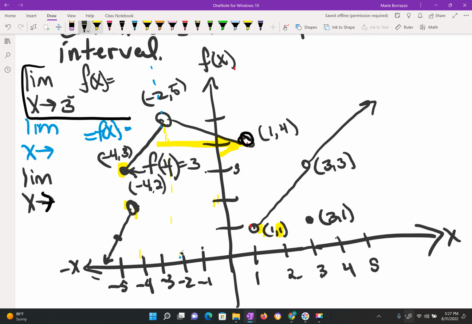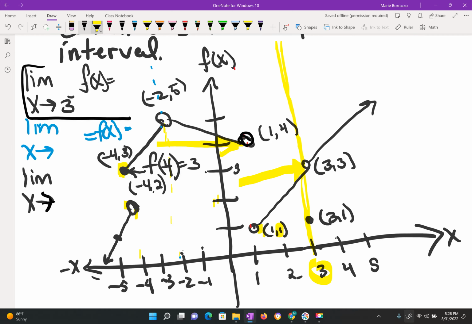It's just 3. So I'm approaching this value, this line, going up. I'm coming from the left, and the first thing I'm going to hit is the y value of 3.